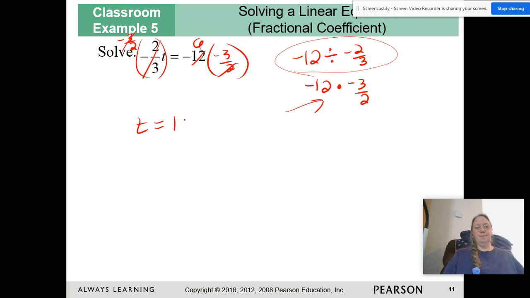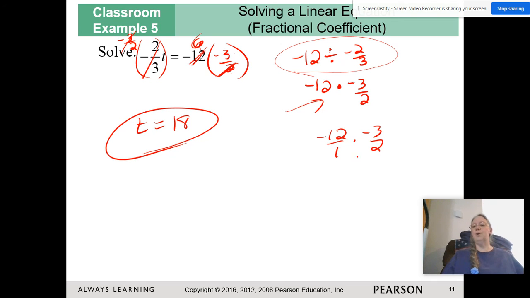What would that look like if we were to actually show our work? Again, we would cancel and then we would multiply. So we're just doing this in our head as opposed to writing it out.